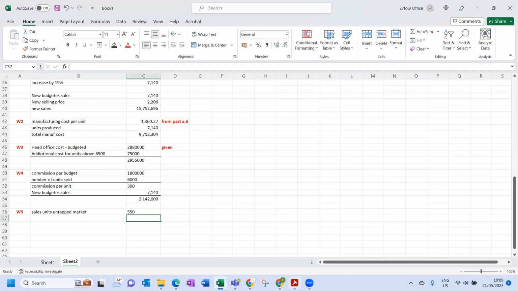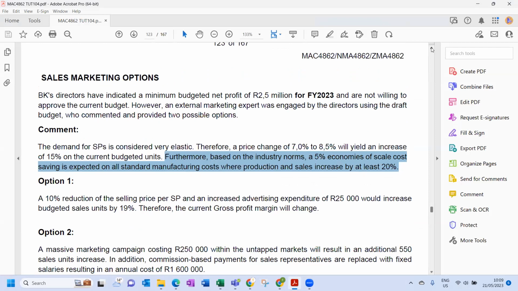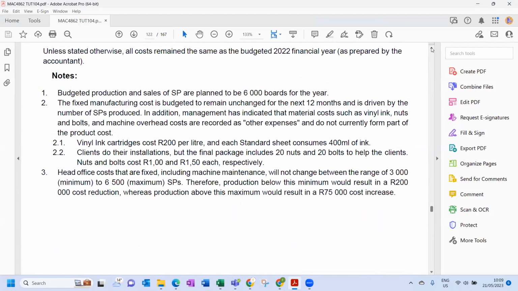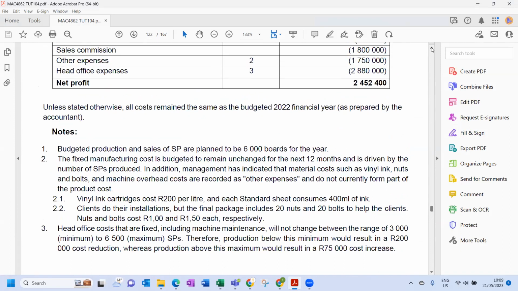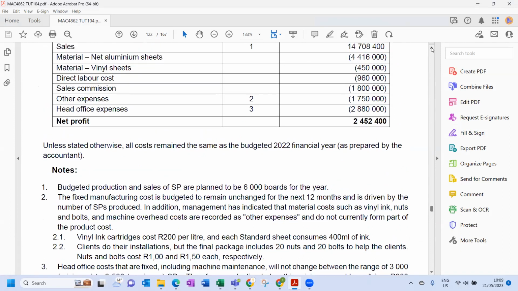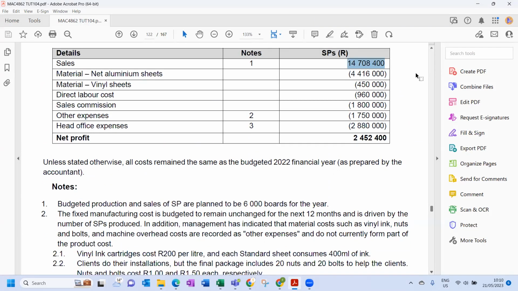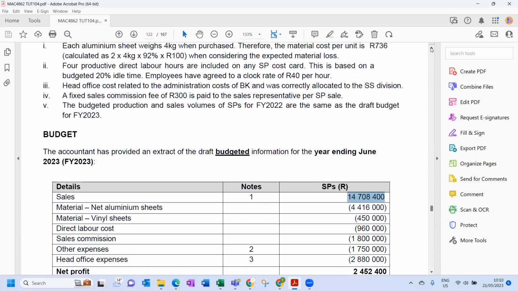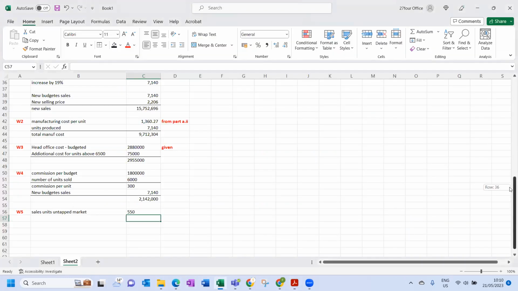Let me just see now. It's not clear from the question what the selling price would be with the massive marketing campaign. Unless all costs remain the same as the budgeted 2022 financial year as prepared by the accountant. The accountant used 14, so we got that. The accountant charged 2451, which we got over here.